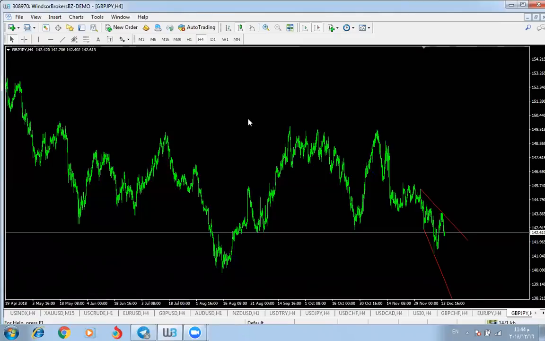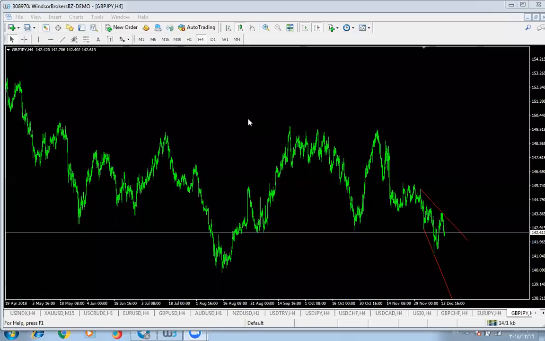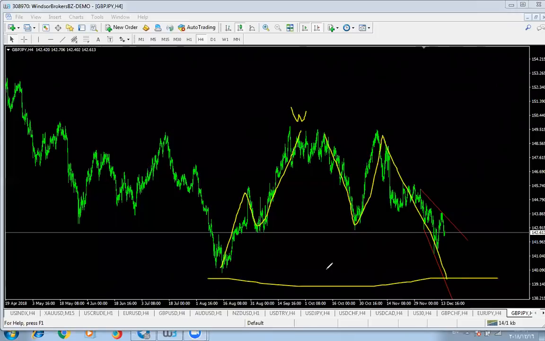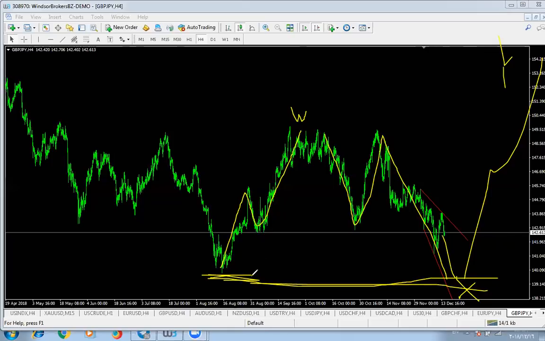This piece of correction, as you see, this is ABC, which is W. A, B, and C to be completed at this bottom right there, and we might exceed. Most probably, we will go beyond this bottom to complete W. This will be X. Then we will go to the upside to make the Y. So we can sell the pound yen to the area beyond the previous bottom.